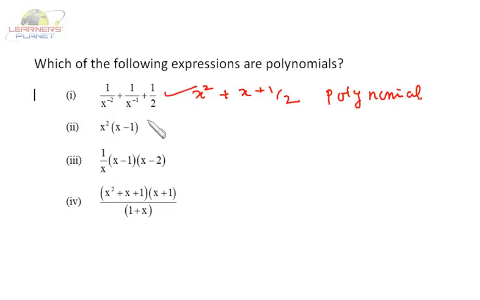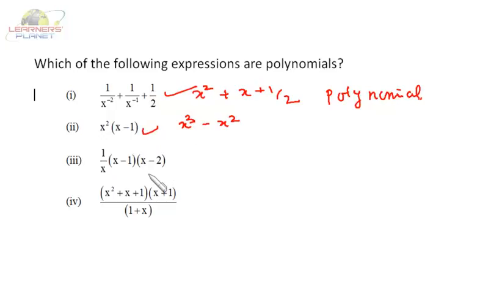Now in this case, it is x square into x minus 1. Suppose we expand it, it is x cube minus x square. Further, the variables have positive powers, or we can say non-negative integral exponents. So it will also be a polynomial.